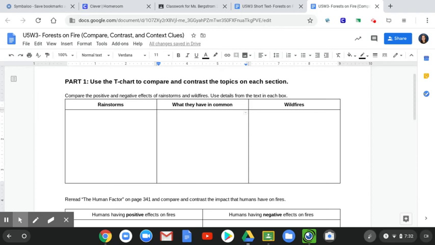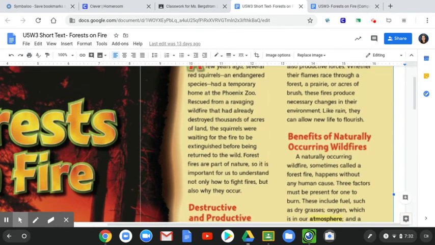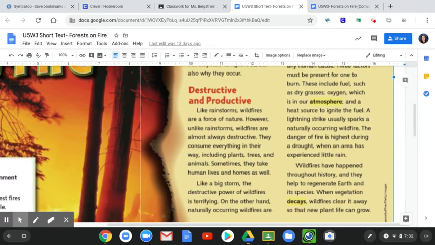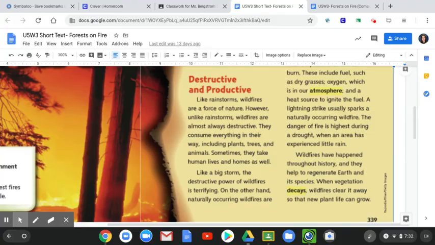So I'm going to go back to the text, and I'm going to look for where it compares the two. Move over here. So one clue I saw when I was reading this the first time was that it says, like rainstorms, wildfires are a force of nature. This word like is actually a context clue to help me figure out that they are both a force of nature.